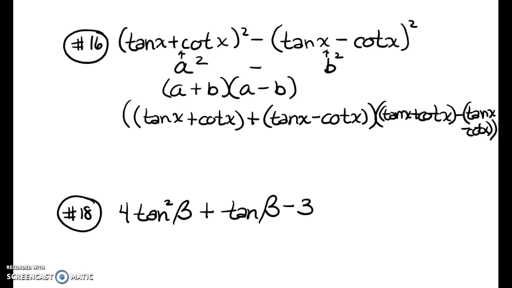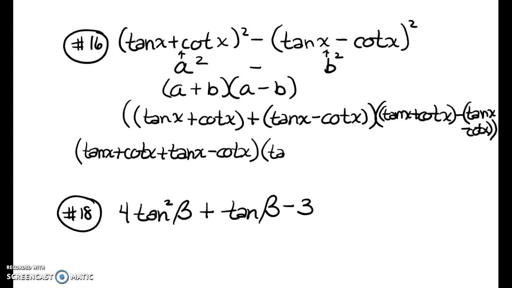All right, so let's go ahead and simplify that. So we get the tangent of x plus the cotangent of x plus the tangent of x minus the cotangent of x. Then we get the tangent of x plus the cotangent of x, and we're going to distribute that minus the tangent of x plus the cotangent of x.